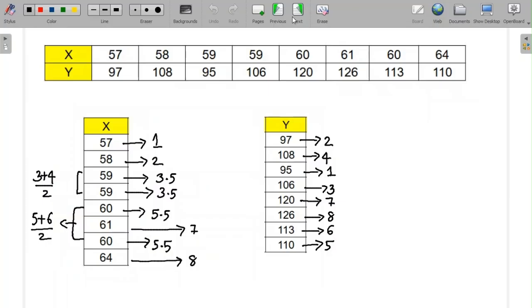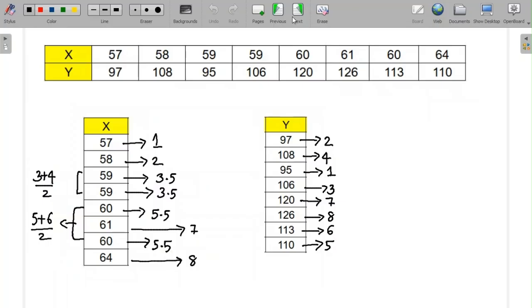And then immediately after 59, we have two 60 values. So there is a tie for the fifth rank. For the observation 60, we add up 5 and 6 and calculate the average. That's 5.5. So both 60 values are assigned the rank 5.5. The next rank is at 61, which is rank 7. The next rank is for the observation 64, which is given 8.